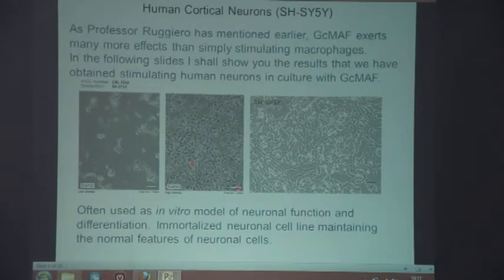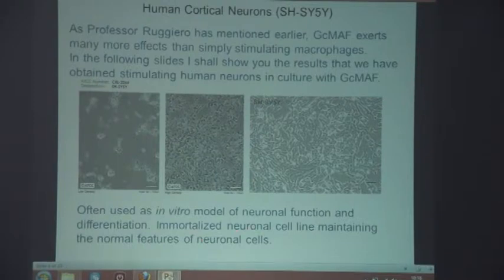Recently, we focused our attention on human cortical neurons. As Professor Ruggero has mentioned earlier, GcMAF has many more effects than simply stimulating macrophages. In the following slides, I shall show you the results that we have obtained stimulating human neurons in culture with GcMAF. This cell line is often used as an in vitro model of neural function and differentiation.